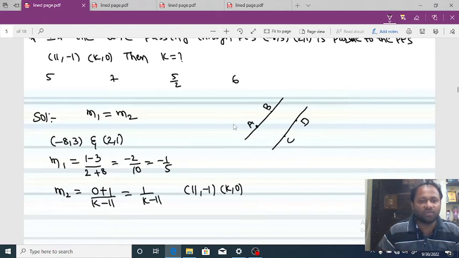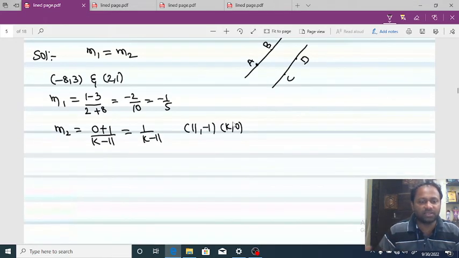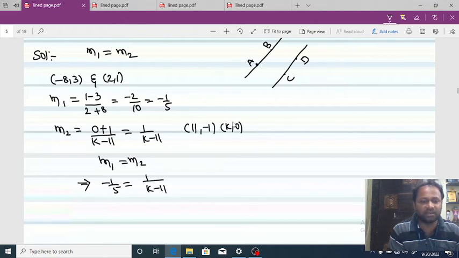Now, what we have, slopes are equal. Slopes are equal means M1 is equal to M2. That means we get minus 1 by 5 is equal to 1 by k minus 11. Let us cross multiply this. What we get? Minus of k minus 11 is equal to 5.